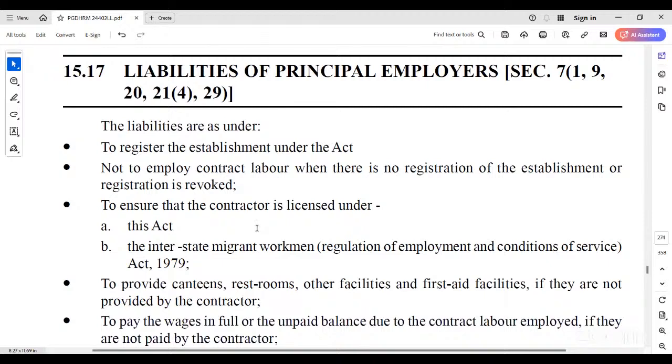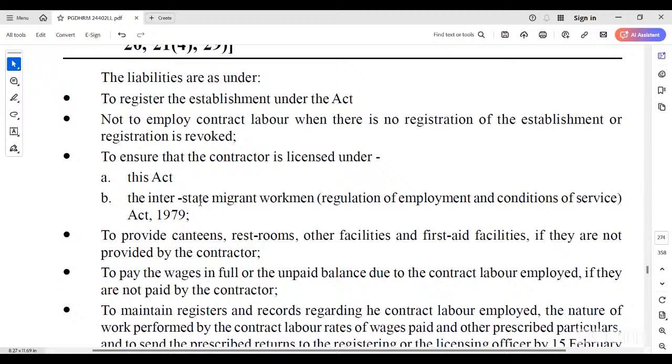Under the Registered Establishment Act, all establishments have to be registered. Under this Act of 1970, no contractor can be employed where there is no registration of the employer, or where registration is revoked. The principal employer has to ensure that the contractor is licensed under this Act. The Inter-State Migrant Workmen Regulation of Employment and Conditions of Service Act, 1979, is also covered.